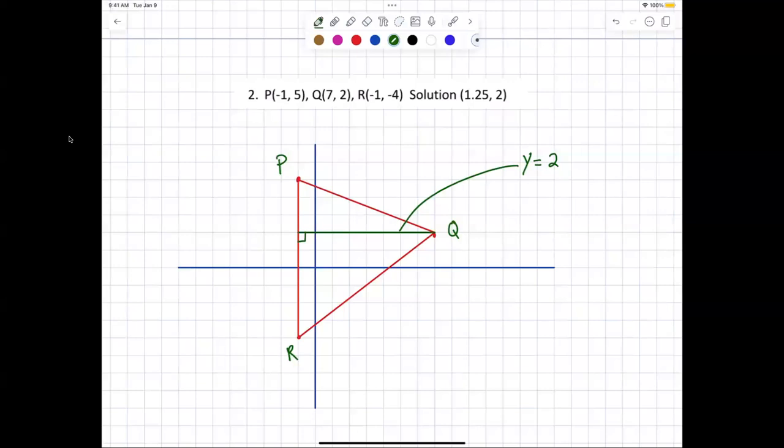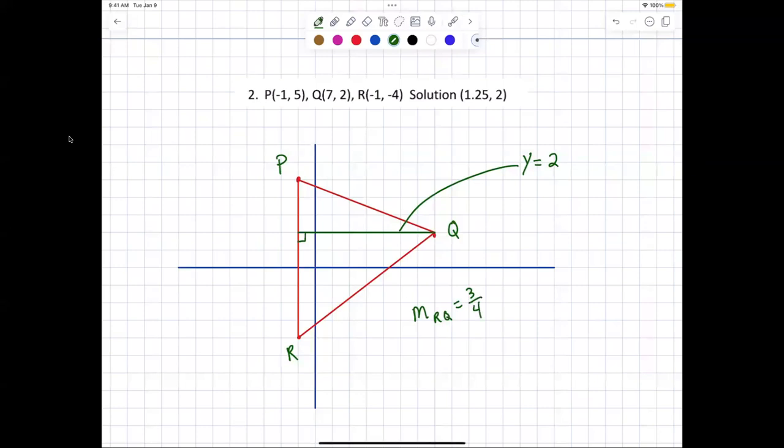Now, the only thing you have to do here, because it doesn't have to go through the midpoint or anything special, is you just have to tell me what the slope of RQ is. Slope of RQ is equal to what? Anybody else get RQ is 3/4? Everybody get 3/4? All right, so the slope is 3/4.